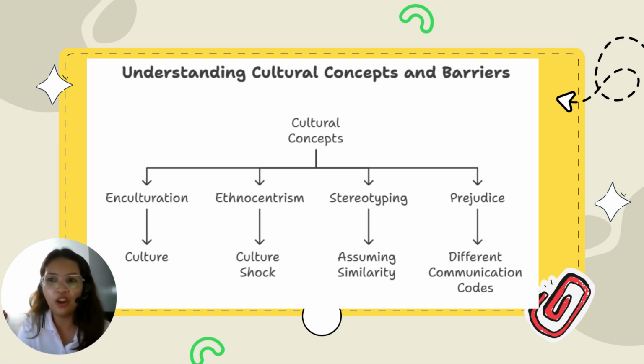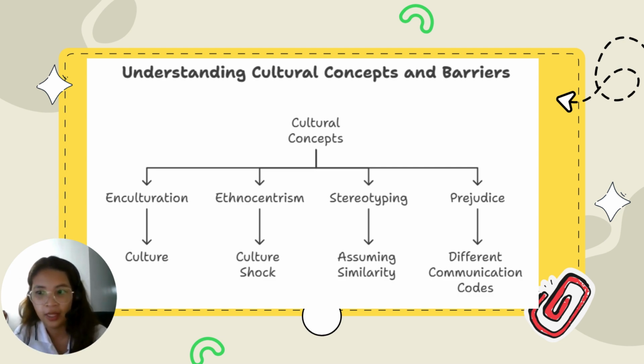So the meaning of enculturation is learning and adapting the cultural norms and values of one's own culture. Like for example, growing up in a Filipino family, you're taught to respect by saying po and opo. So that is enculturation. You learn your own culture.